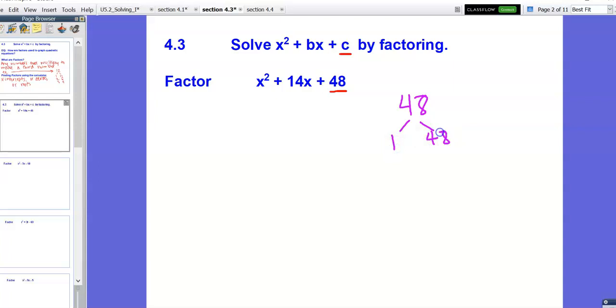So 1 and 48, 2 and 24, 3 and 16, 4 and 12, 5 doesn't work, but 6 does, and that's our list.